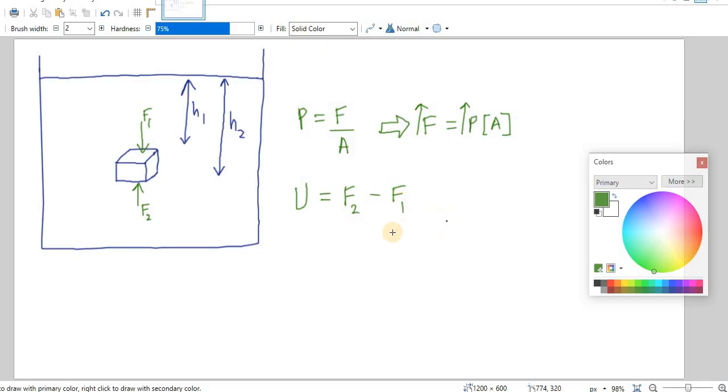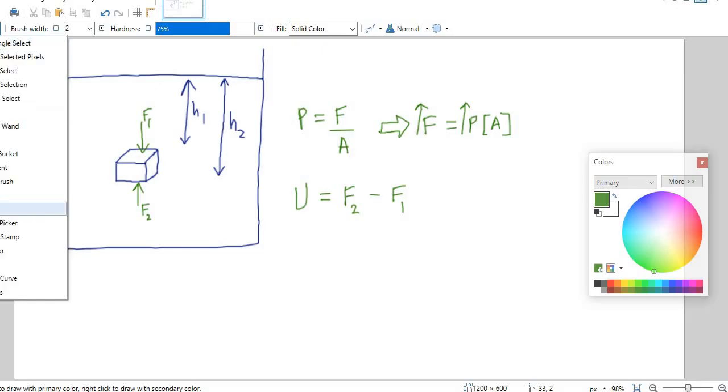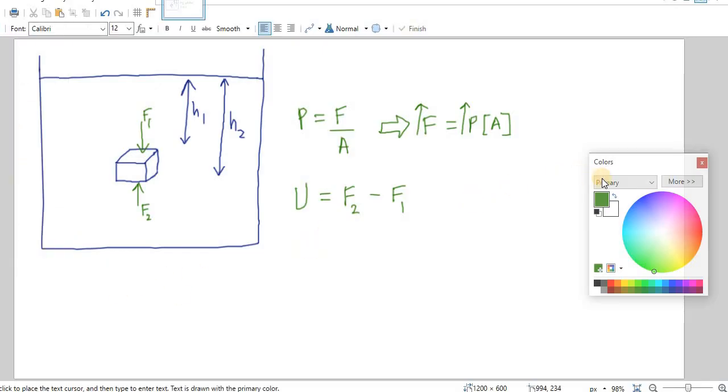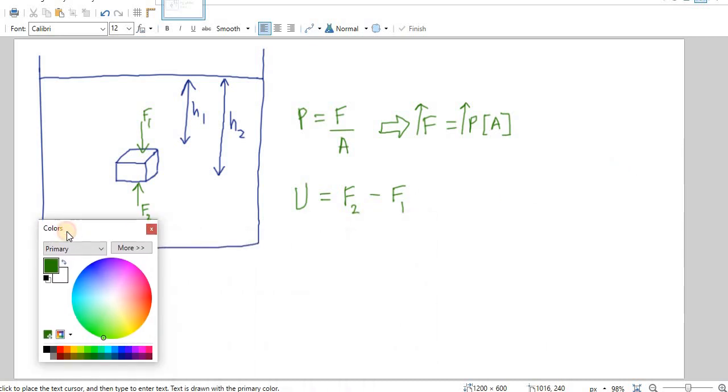And remember, in the exam, if they ask you what is the cause of the upthrust, you have to say it is due to the pressure differences. We can also note that down. I will type it here. Remember, it's not due to the difference in the force.